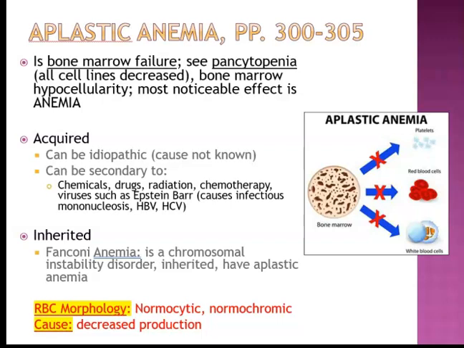Remember, I said you want to commit to memory the red blood cell morphology and the cause for each anemia. So the red blood cell morphology for aplastic anemia is normocytic, normochromic, and the cause is decreased production. And again, it's decreased production because we have a failure of our bone marrow to produce the blood cells.